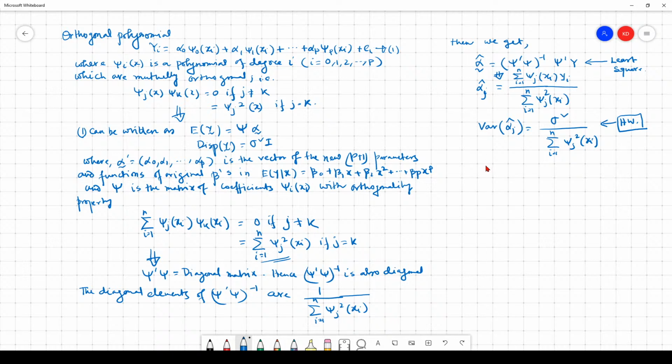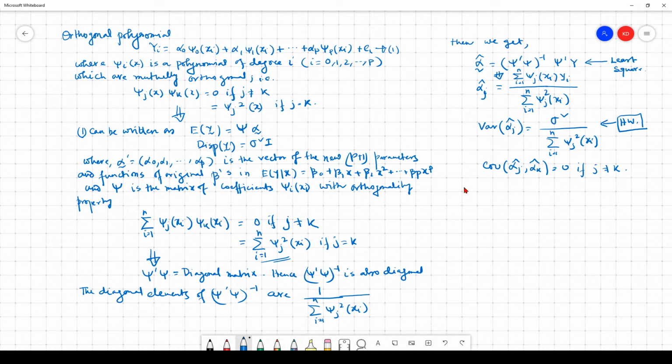And since yi's are independent, covariance of alpha j hat and alpha k hat is equal to 0 if j not equal to k.